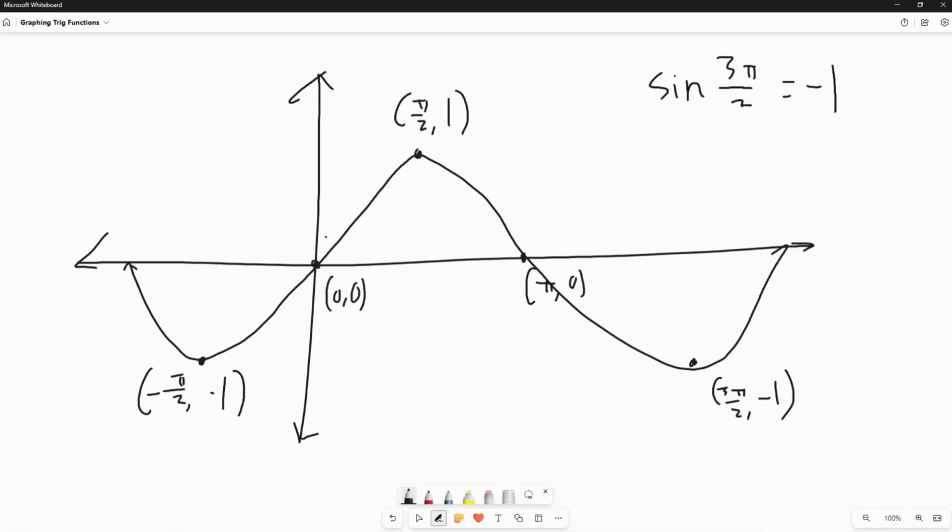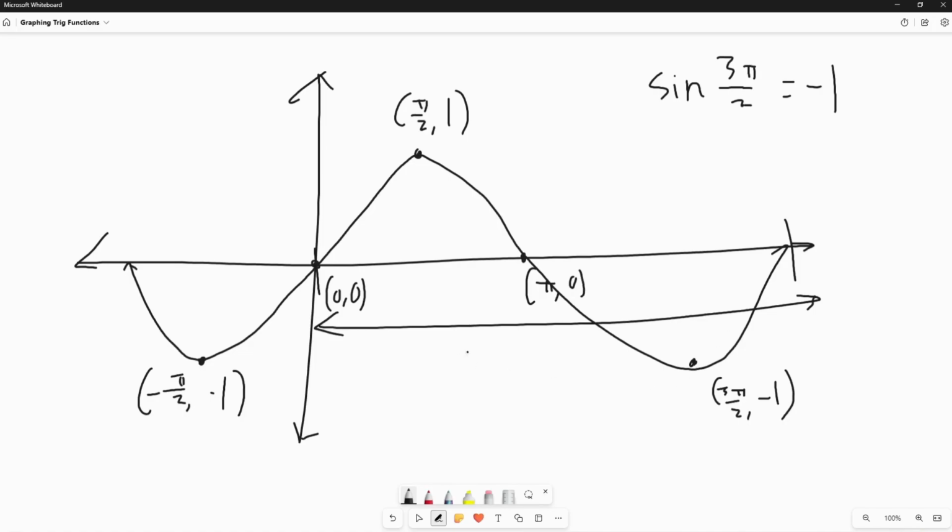So, like I said earlier, for each angle that you plug into the sine function, there's another angle that could produce the same output. So, here, this is what repeats. This line right here. This is called the period.